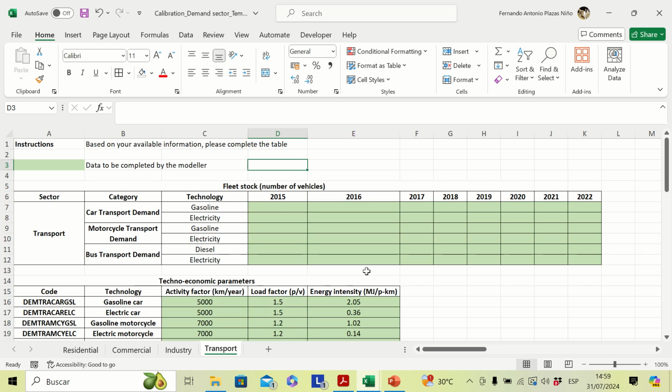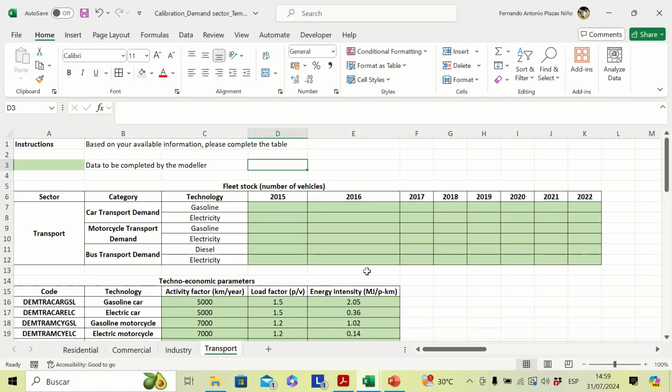And now with respect to transport, we have a different approach, because as we are just modeling passenger transport, just cars, motorcycles, and buses, and we are neglecting other types of transport modes, like for example freight transport or maritime transport or air transport.